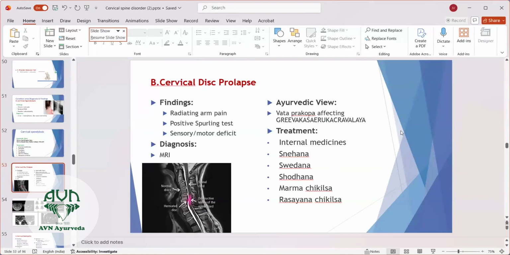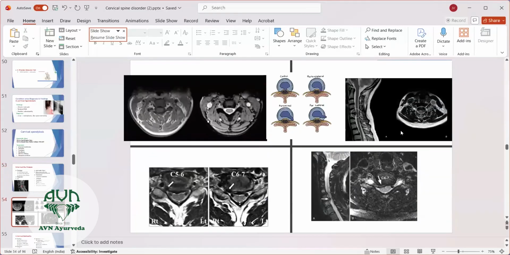The second condition is called intervertebral disc prolapse. Usually, the herniation of the intervertebral disc we can observe at different levels. Sometimes it may herniate into the intervertebral foramen. At that time, if the herniation is into the intervertebral foramen, the patient experiences sensory loss.